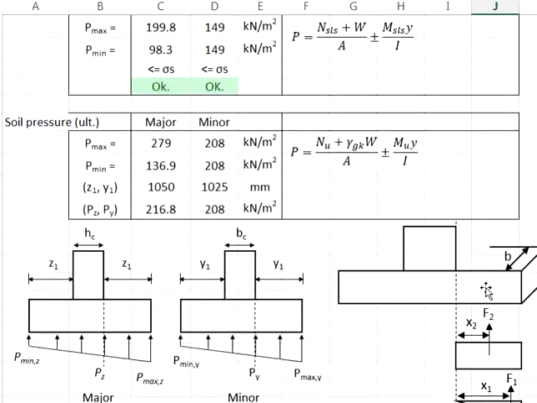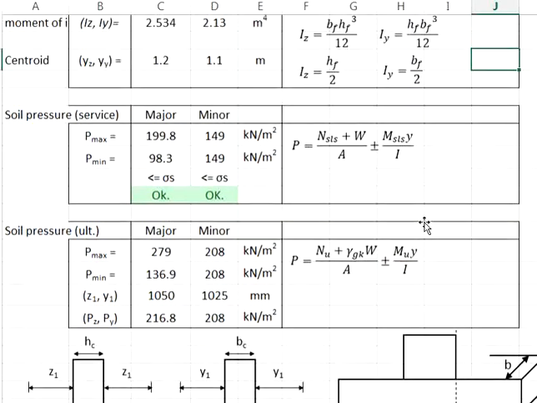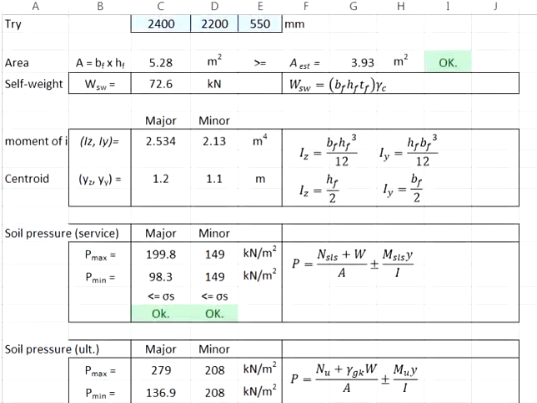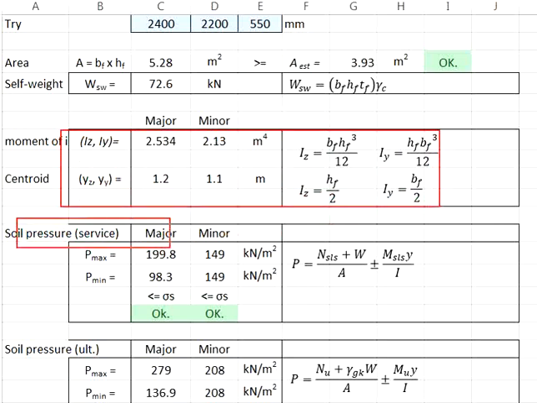And then next, you need to consider the effects of the moment. You have the ultimate moment multiplied by the y, centroid, divided by the I, moment of inertia. You may use the same y and the I that you have calculated earlier to determine the soil pressure at the serviceability limit state.